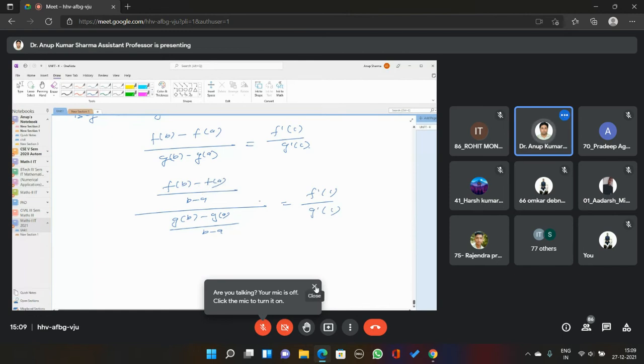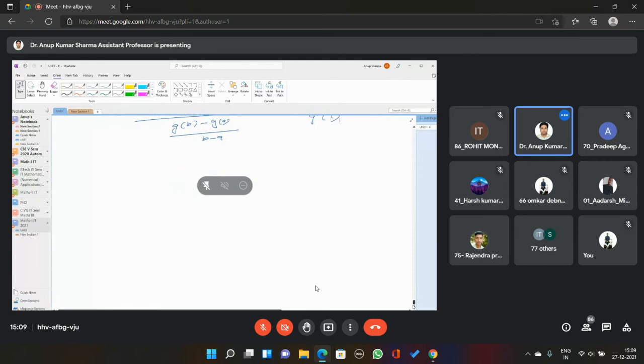So this is when you make a graph. Here is the point a, so t is equal to a.